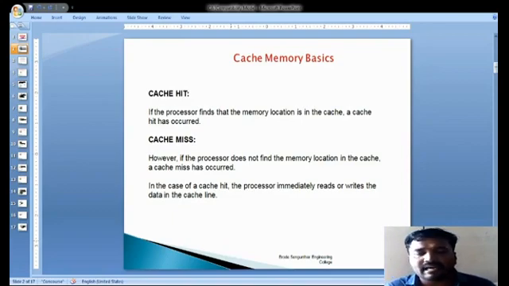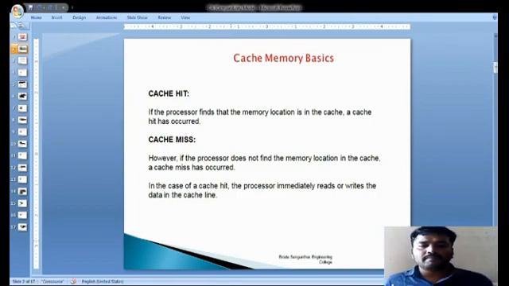Whenever we ask like this, the request will first go to the main memory. The processor will search whether it is present in the main memory or not. If it is not present in the main memory, it will ask the cache memory. The cache memory will find whether the particular data is present in itself or not.